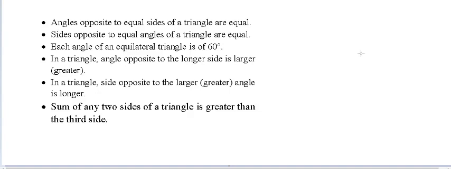So the very first property is angles opposite to equal sides of triangle are equal, okay? Let us understand this one. It's not about congruency. Like if you are having ABC, it's a triangle.